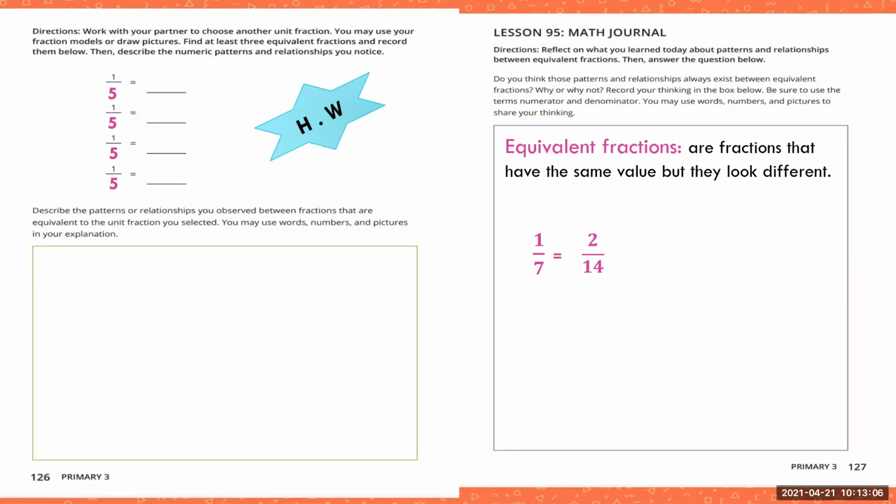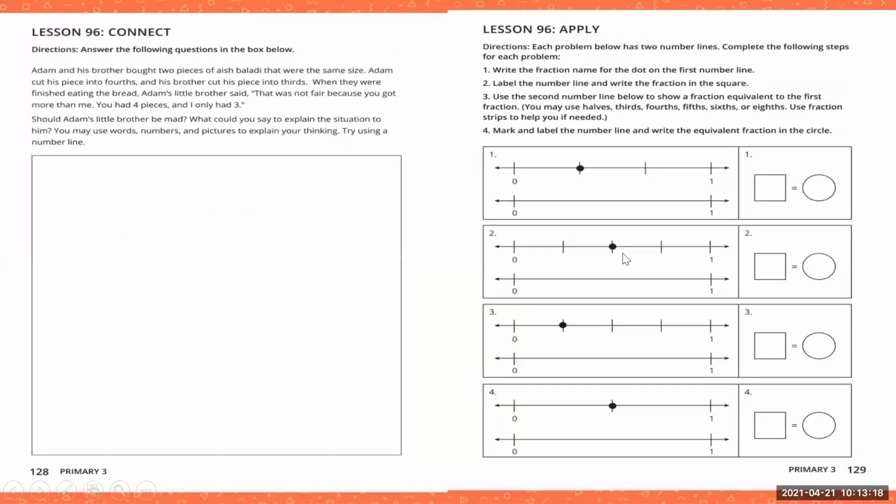So they are equivalent fractions, but they are not the same. They don't have the same look. They don't look like each other. Okay?